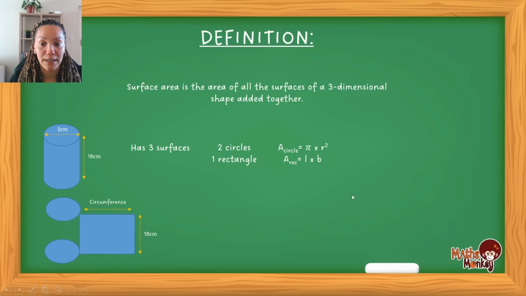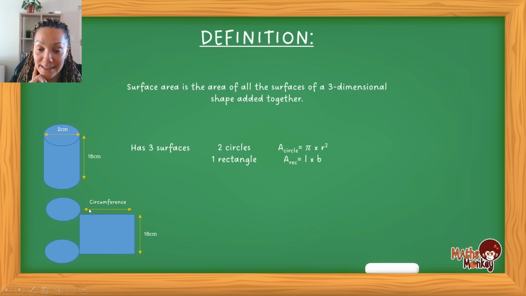But now, I want to explain something to you, so please listen carefully. The rectangle we know is length times breadth, right? So this will be my length, this will be my breadth. If I look at the circle now, you agree that this is 18, because this is 18, so this is the height.